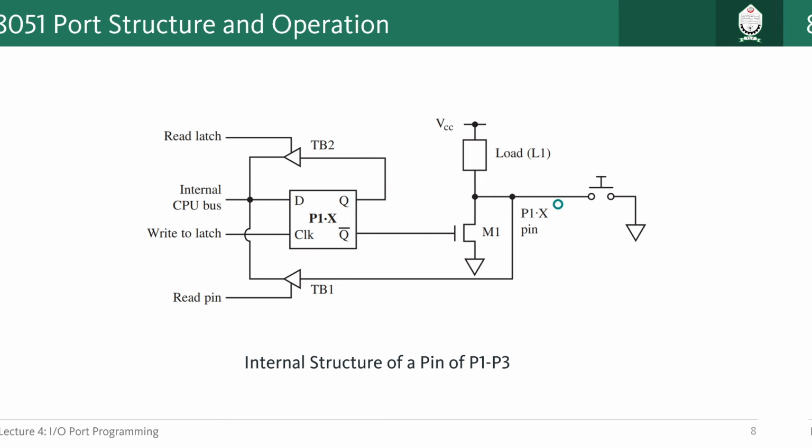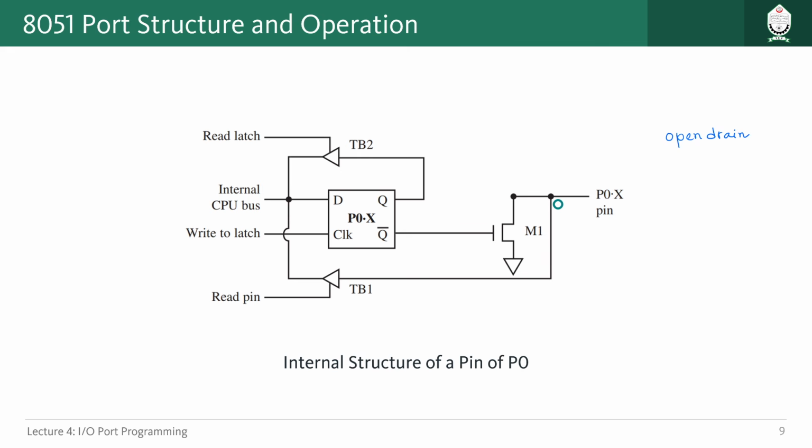You are going to see, whenever we go to that chapter on how to connect an external ROM with our 8051, that you will understand the significance of this kind of pins of port 0.